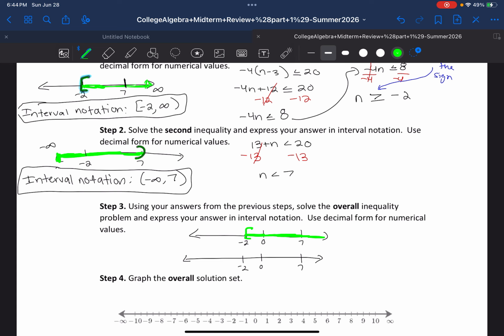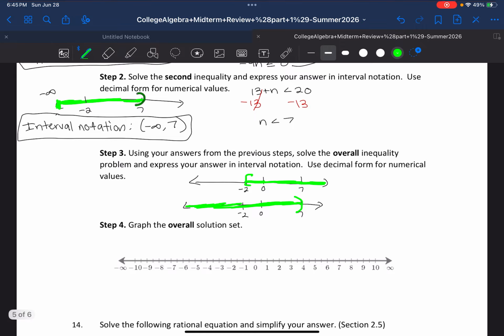That's what we graphed. The second one was 7, the parentheses, all the way to the left. So notice that if I included both of these answers, it would just be all numbers. So that is what the answer would be. All real numbers.